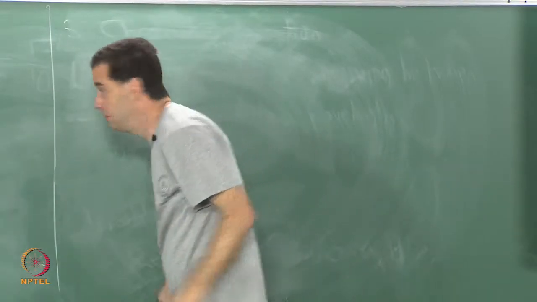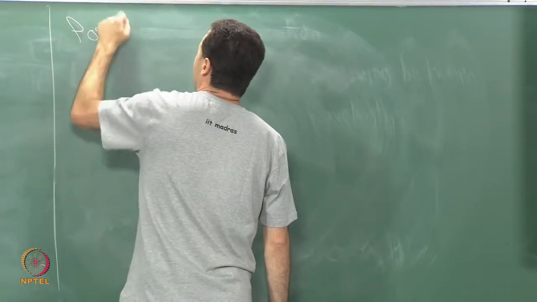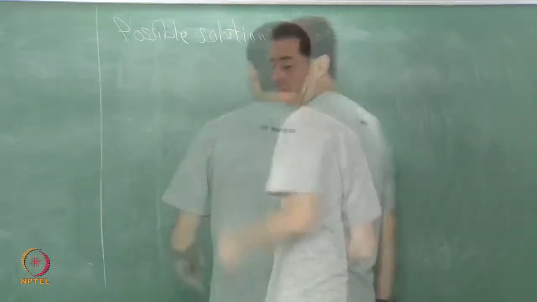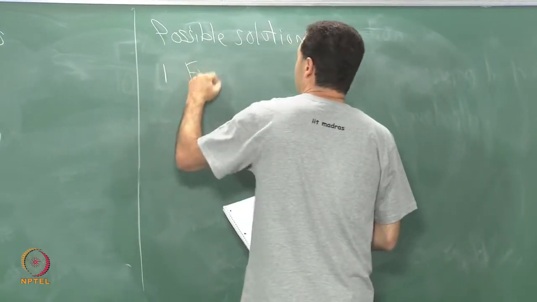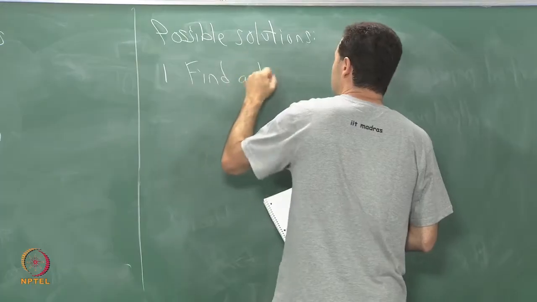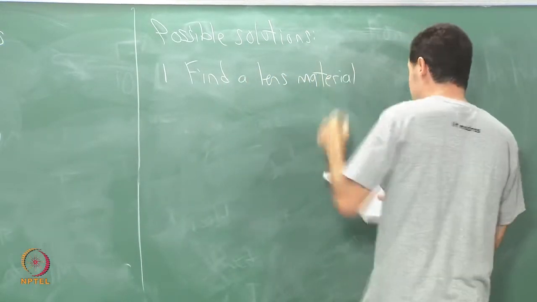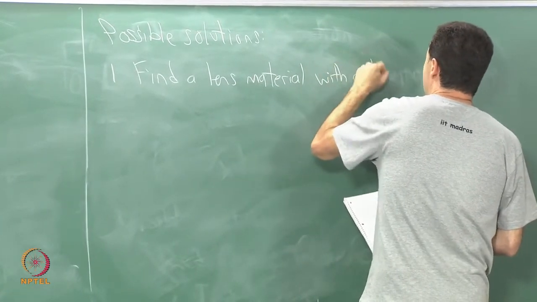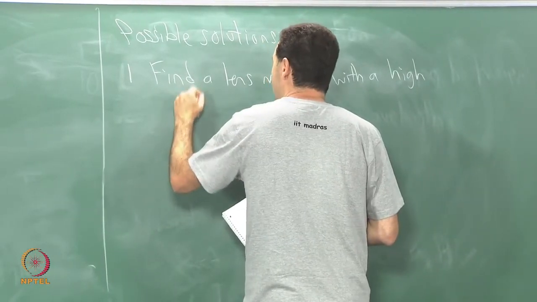Possible solutions. One, find and use a lens material with a high what's called Abbe number.